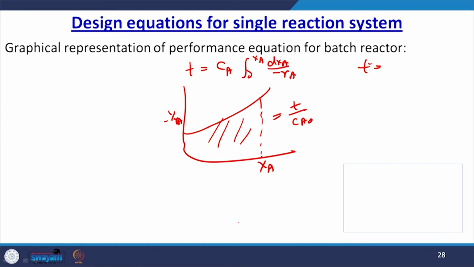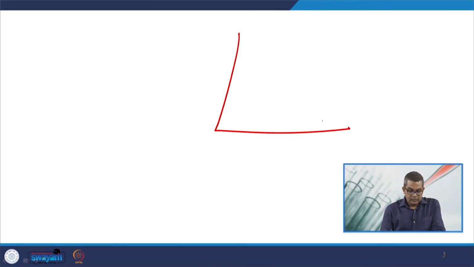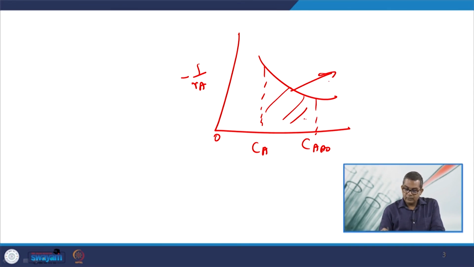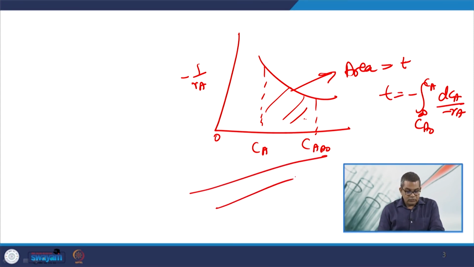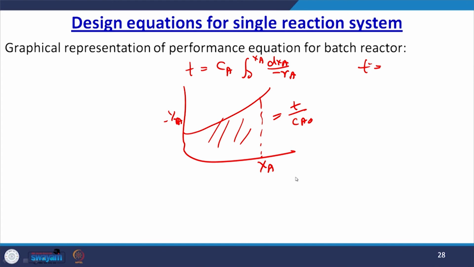Similarly, if I go for 1 upon minus Ra versus Ca, here this is the Ca naught, the governing equation for this particular scenario is this, with minus Ra. In this way you can predict the situation.